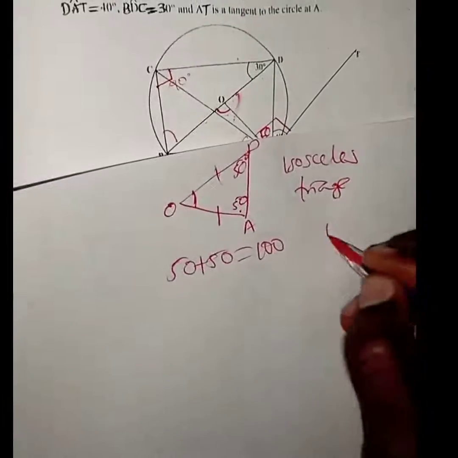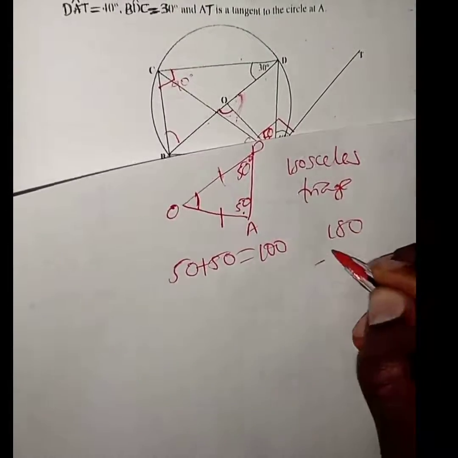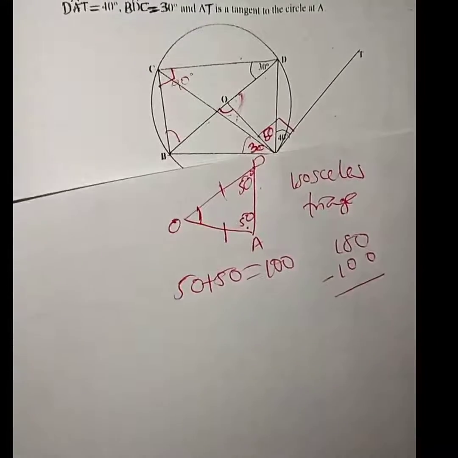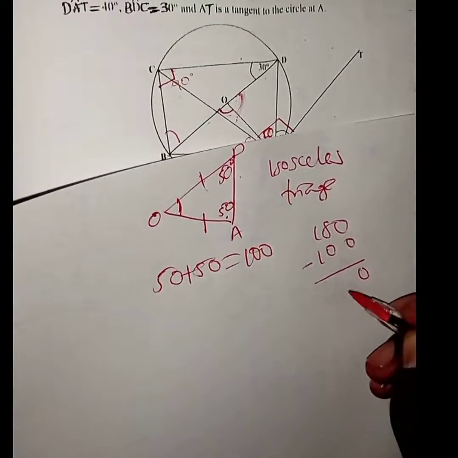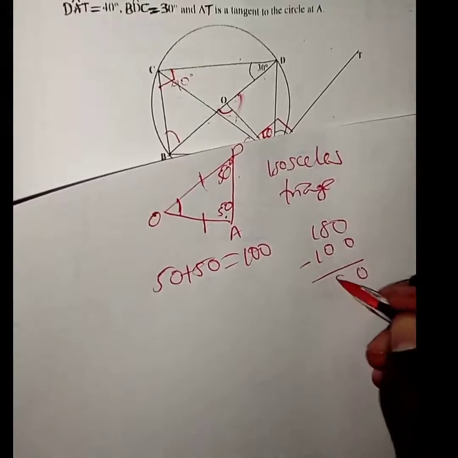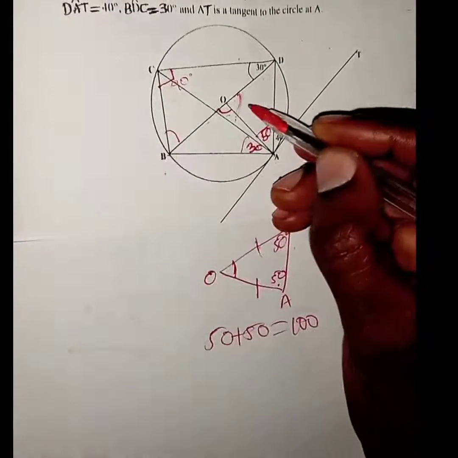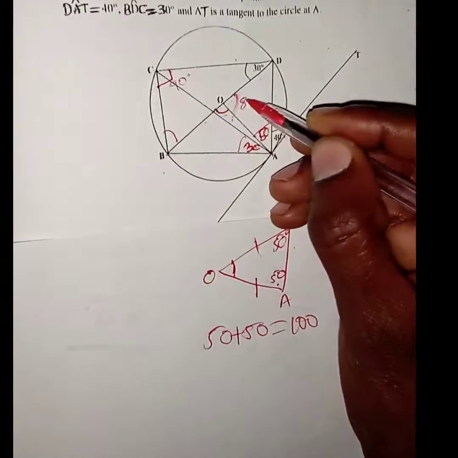Then you do 180 minus 100 degrees because angles in a triangle add up to 180. So just say 80. Meaning here it is 80 degrees.